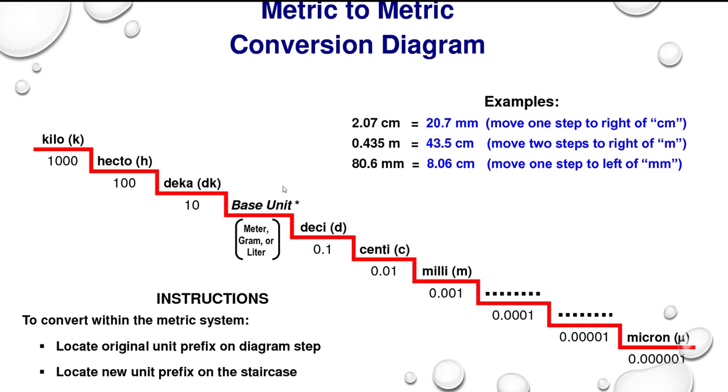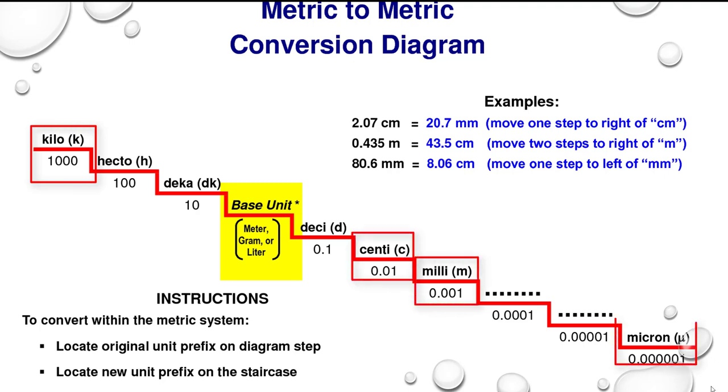In the center is the base unit, so that would be our meters, grams, or liters. Going up the staircase is bigger than 1, and going down the staircase is less than 1. Again, for the purposes of this class, you basically just need to know kilo, centi, milli, micro, and then nano is way down here. It's off the chart.